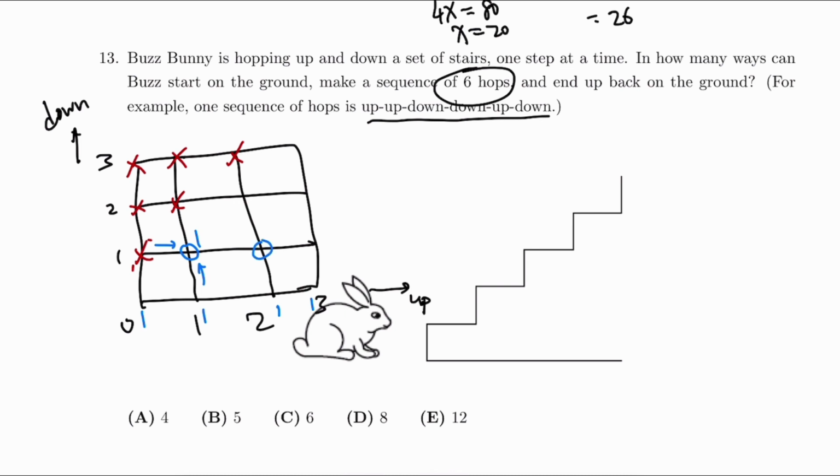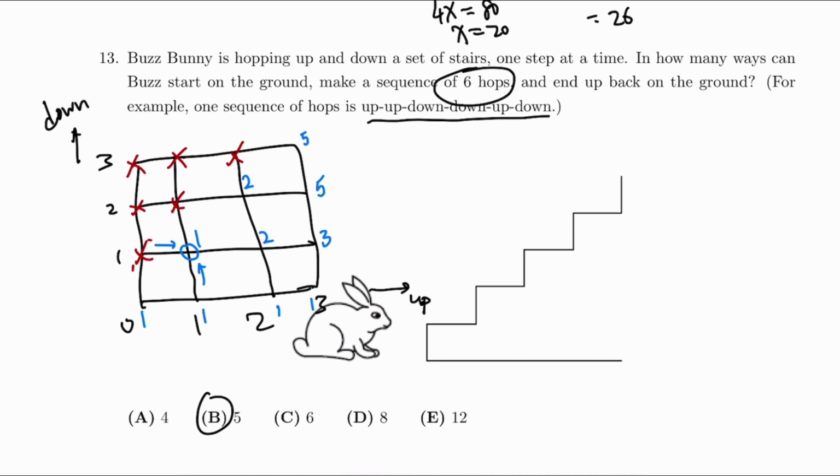Because the only ways we can get to 2 ups and 1 down is if the step before is 2 ups and 0 down, or 1 up and 1 down. Therefore, we can just add up the numbers like this, and we see our final result is 5, which is our answer choice B.